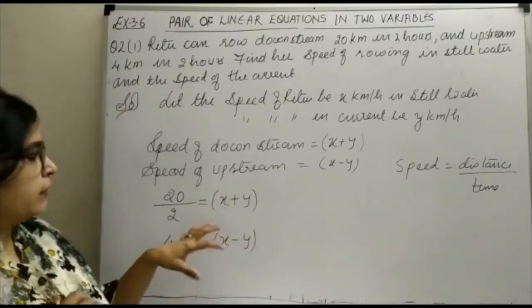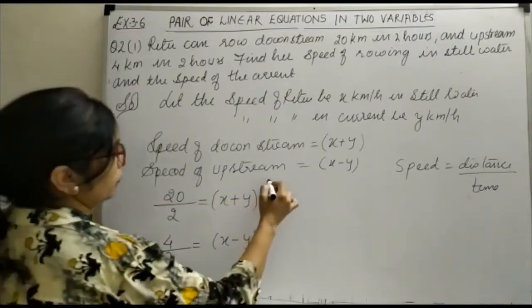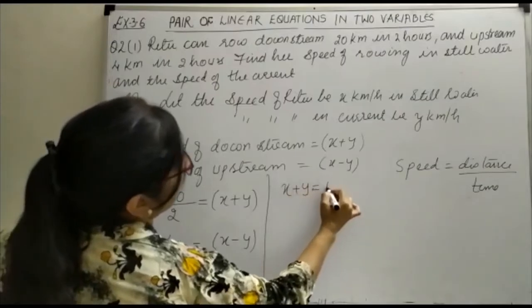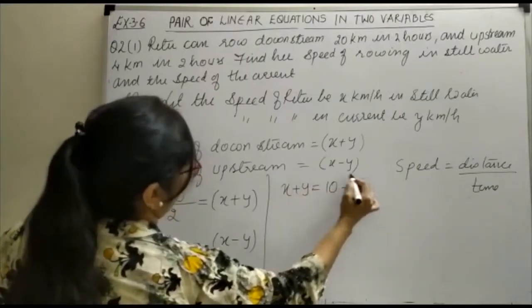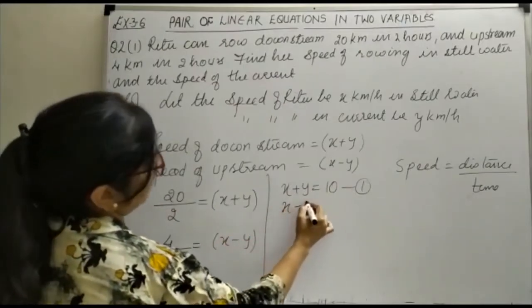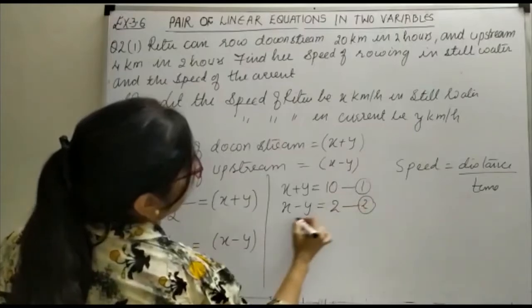So you can see here we are getting the equation x plus y is equal to 10. Let it be equation number 1, and from here 4 divided by 2, that is x minus y is equal to 2, and this is your equation number 2.